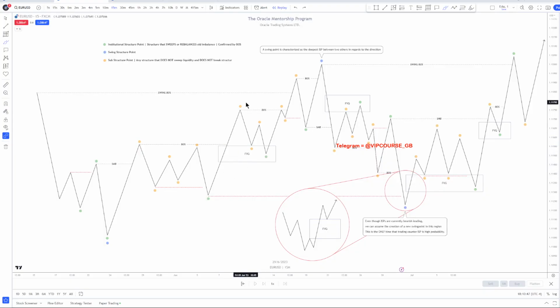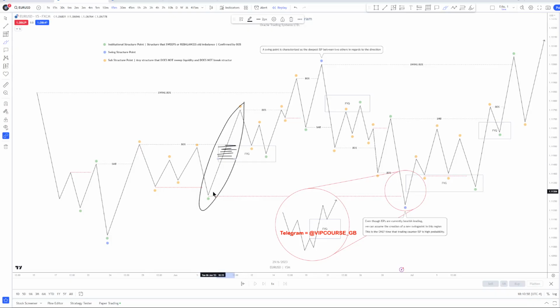This means that there is an imbalance of buy side orders and an inefficiency in sell side orders. So this means that price was not efficient in filling the sell side orders, and there's an imbalance of buying orders that took place. So what does that mean?